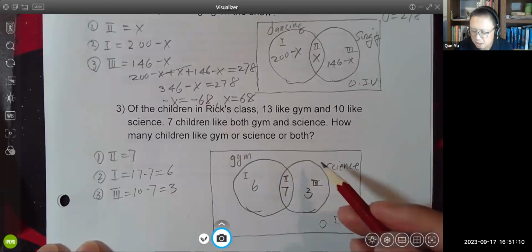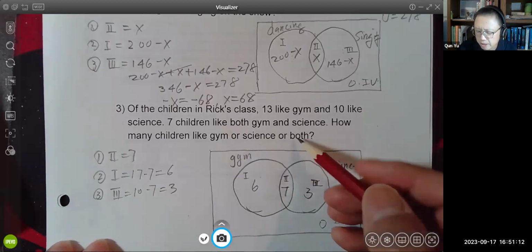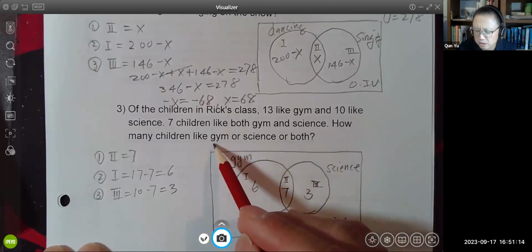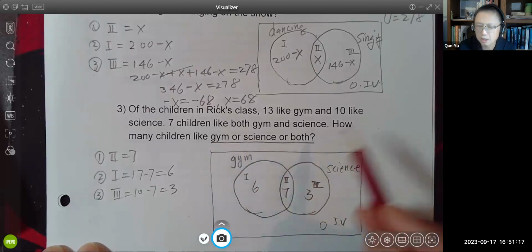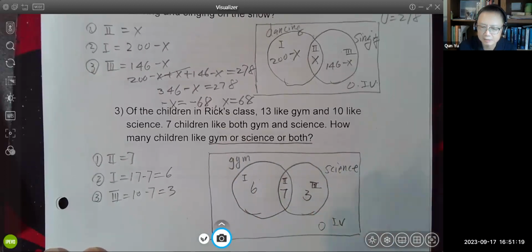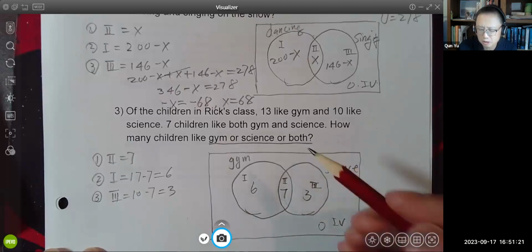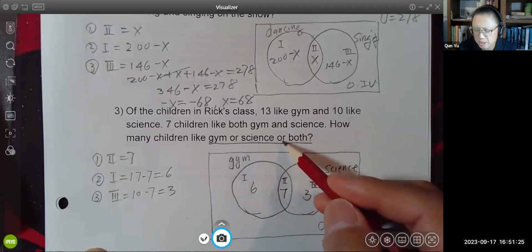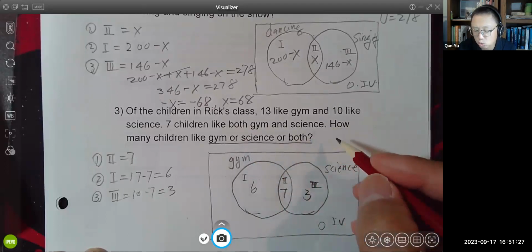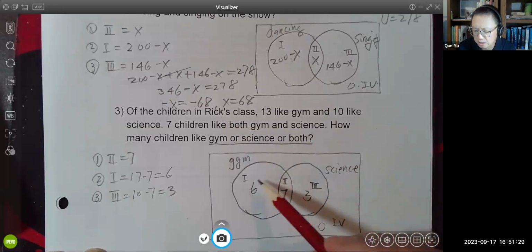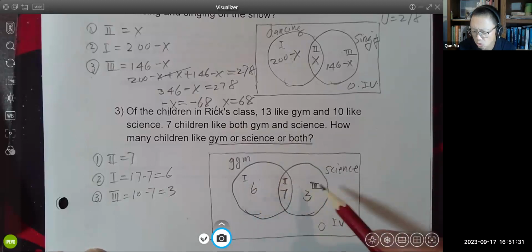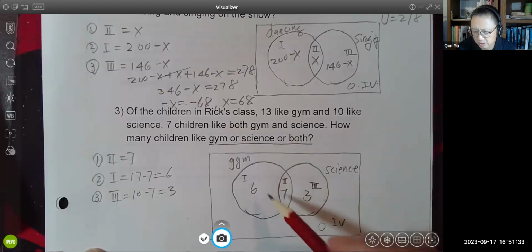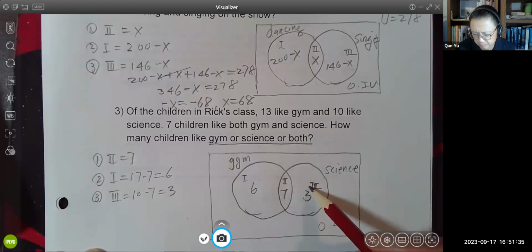Okay. Now here, the key to get the answer is understanding this question. If you attend my class face-to-face or watch my lecture video, you understand this "or" is really equivalent to the union. Gym or science or both. That means they represent all of these three.